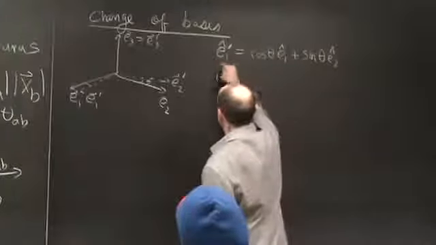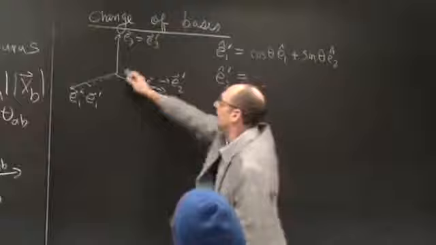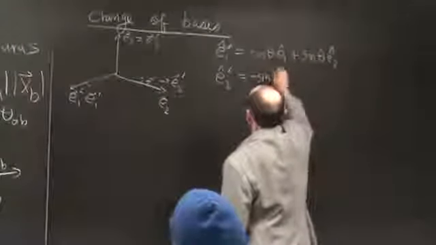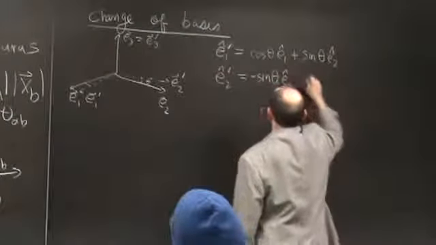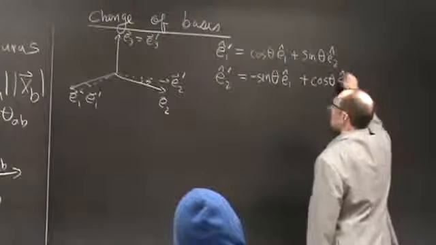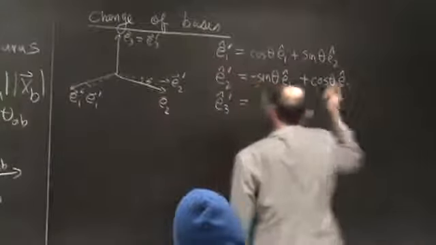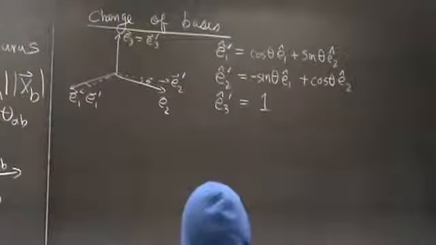The new E2, E2 prime, has a negative component: minus sine theta E1 plus cosine theta E2. And in this particular example, I just left those alone.